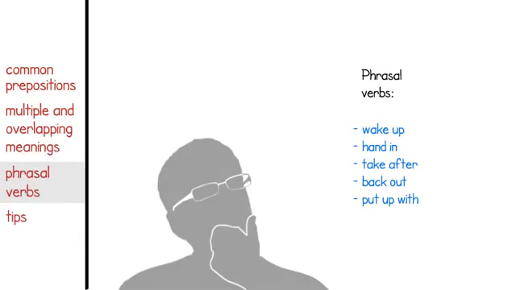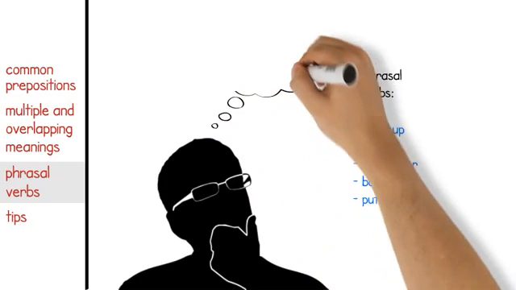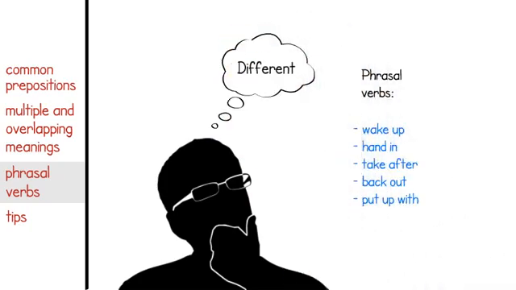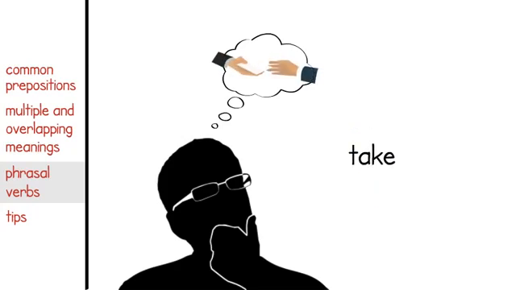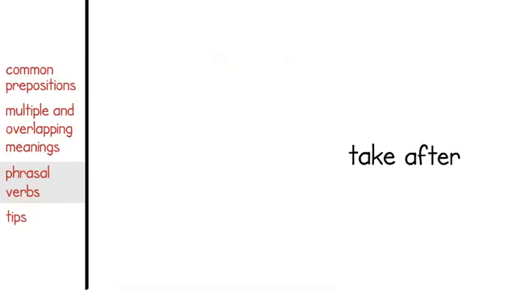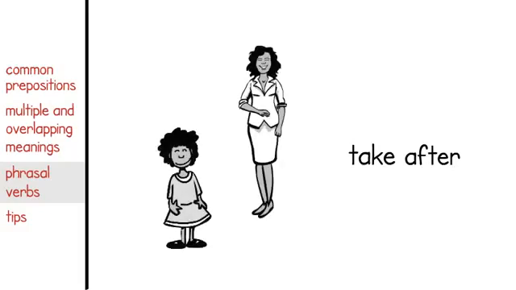Phrasal verbs sometimes have a special meaning that is different from the meaning of the individual words by themselves. For example, even if you know the word take and the word after, you would not be able to guess the special or idiomatic meaning of the phrasal verb take after, which means to resemble an older relative in appearance or character.